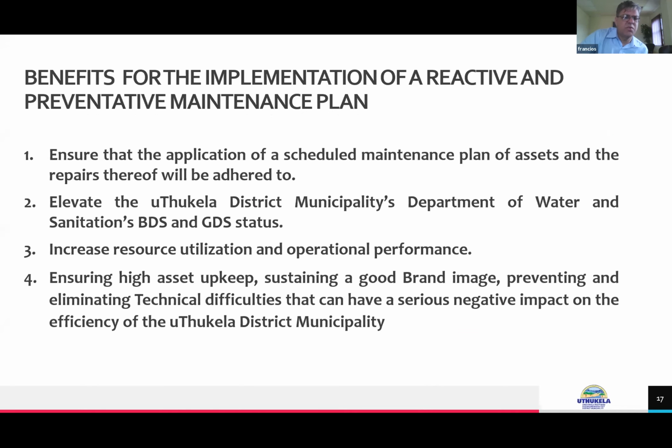Recently, last week, for instance, we had training with this CSE in India, a very successful training course, which showed us various things that we could improve on. But this is the benefits of the implementation of a reactive and preventative maintenance plan.